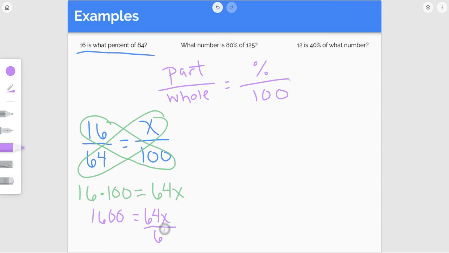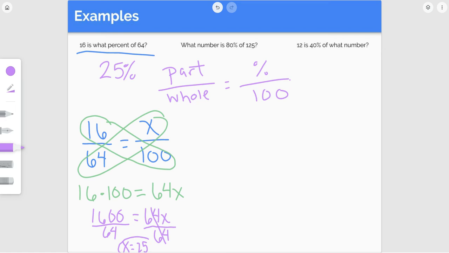So I'm going to divide by 64. And when I type 1600 divided by 64 into my calculator, I get x is equal to 25. All right. So 16 is 25% of 64.